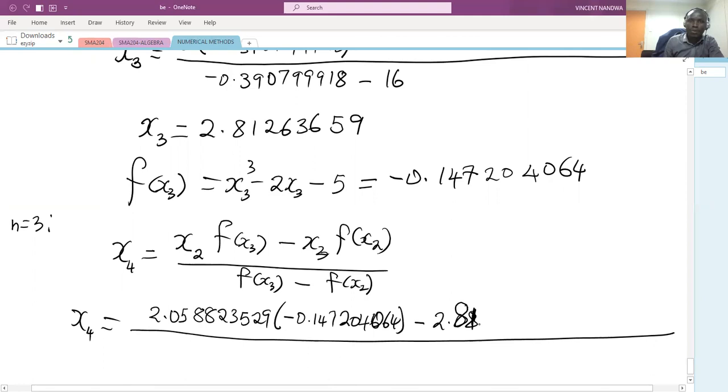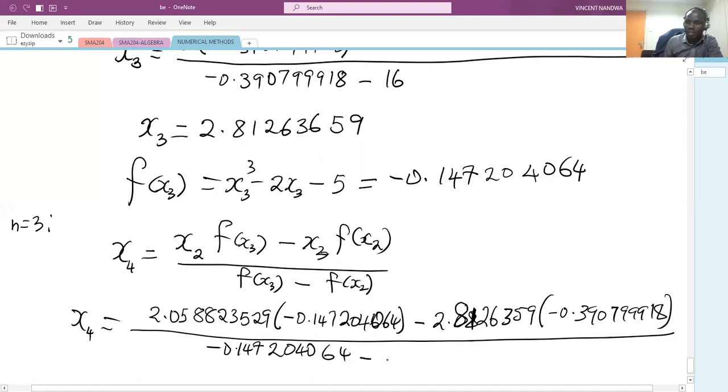into f of x2, from our calculation, which is minus 0.390799918, divided by minus 0.147204064 minus 0.390799918.